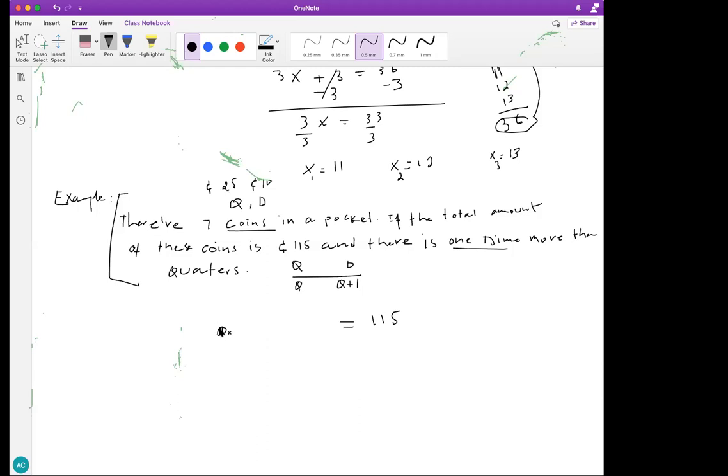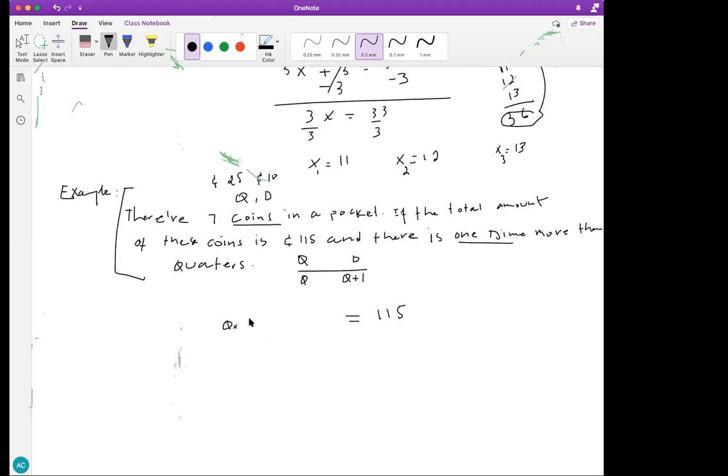So the number of quarters, whatever it might be, we multiply by 25 cents, plus the number of dimes, which we multiply by what? The number of dimes to find how many cents. For example, if you have 5 dimes, how many cents is that? You multiply it by 10, to get 50.